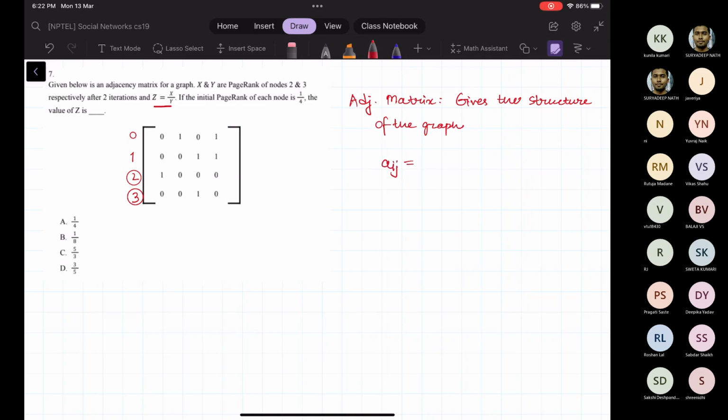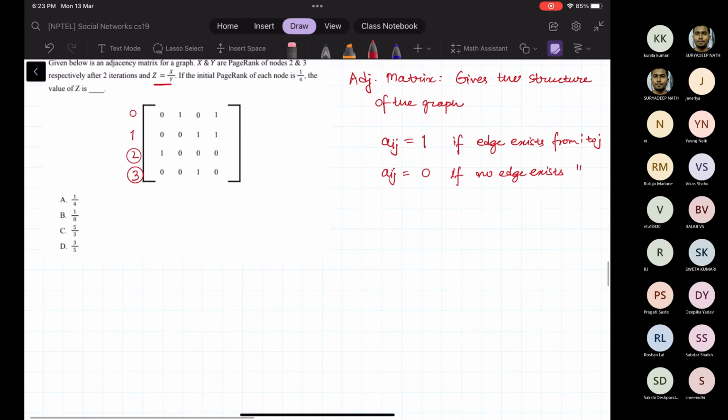Aij is equal to 1 if an edge exists from i to j, and aij is equal to 0 if no edge exists from i to j. So in this adjacency matrix, let us draw the graph that they have shown.